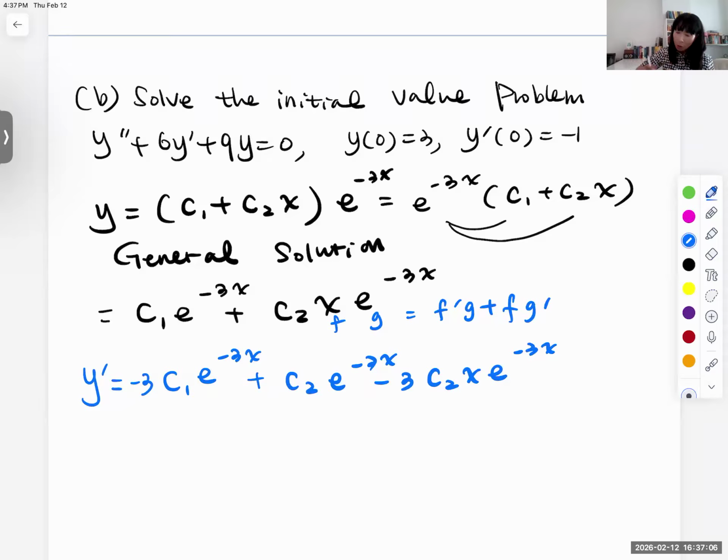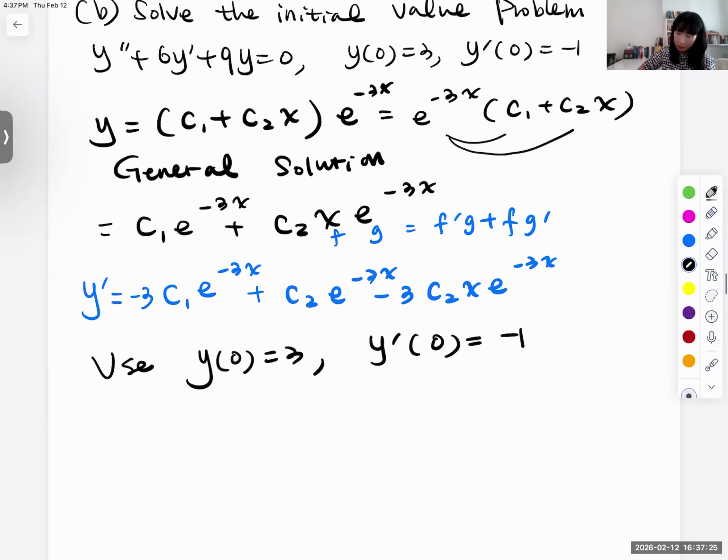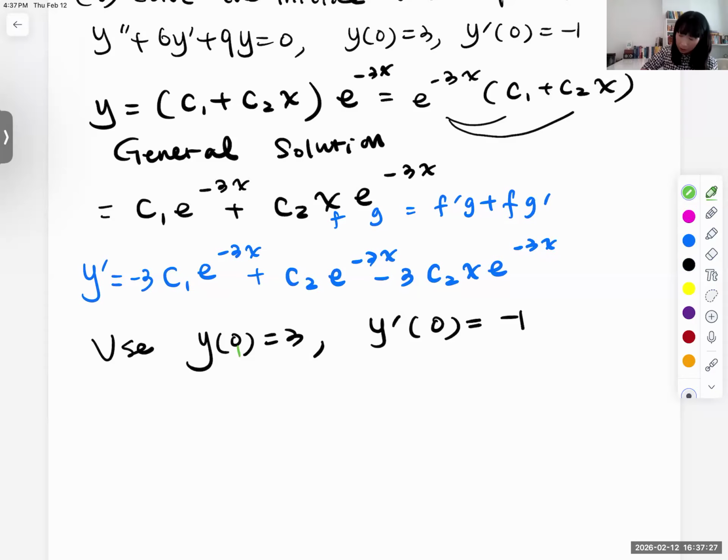Okay, now we are using the initial value problem, right? So we have y of 0 equal to 3 and y prime of 0 equal to negative 1, right? Okay, so that means x, right? So we have y of 0, let me use this one.